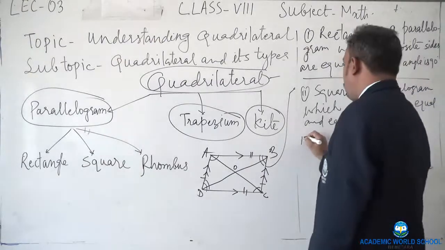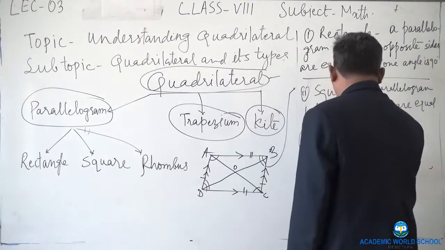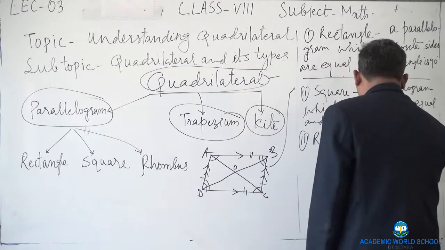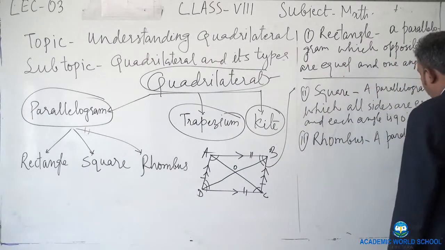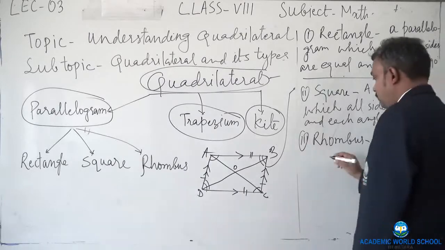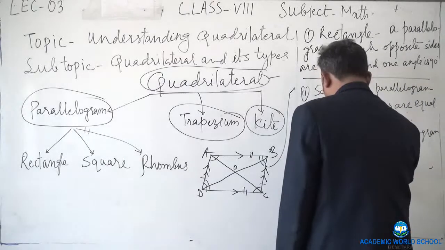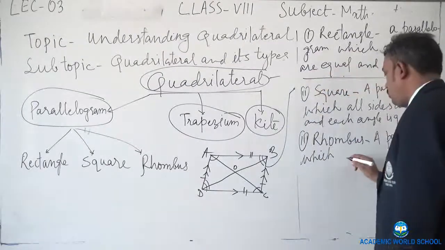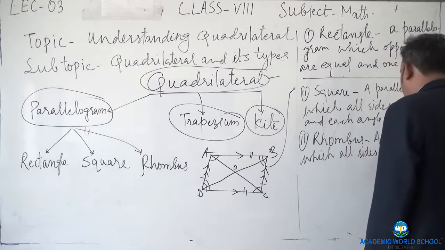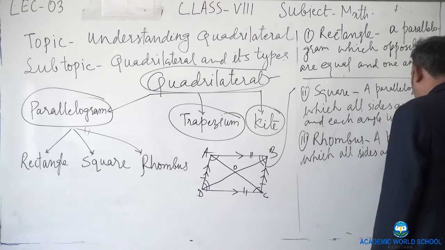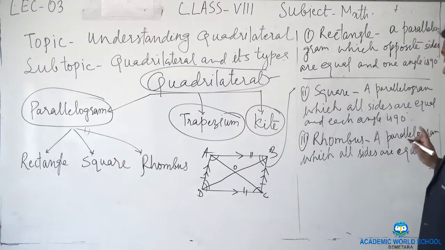Then comes the rhombus: a parallelogram in which all sides are equal.